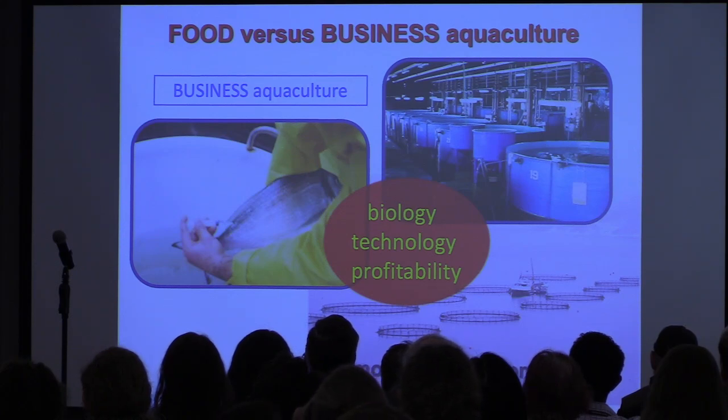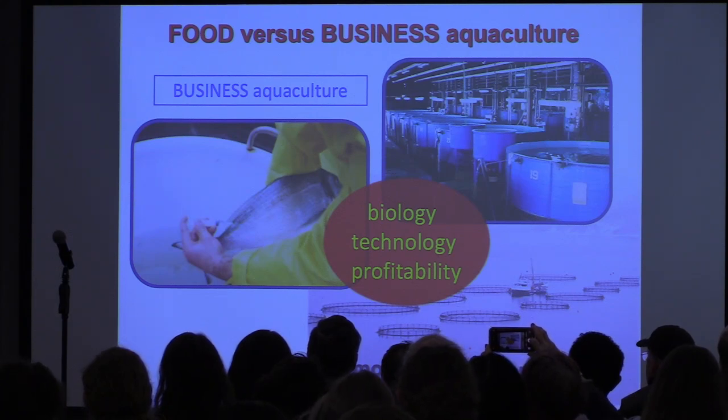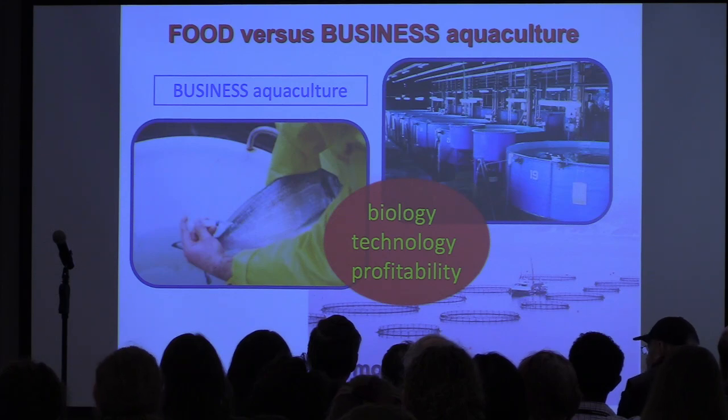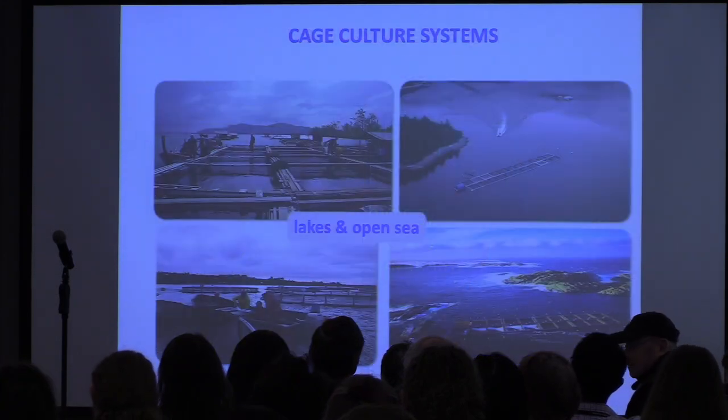And of course, crucial, and that links with the word business aquaculture, profitability. The Norwegians, who have been the pioneers and very successful with salmon, chose salmon and not herring. They would not have a big profit in farming herring, but they did with the salmon.